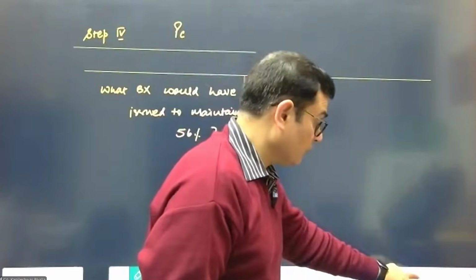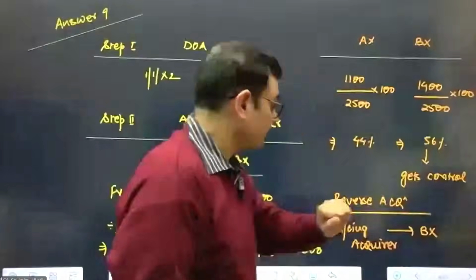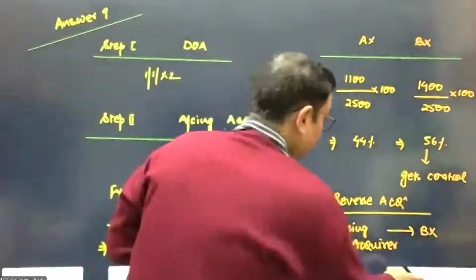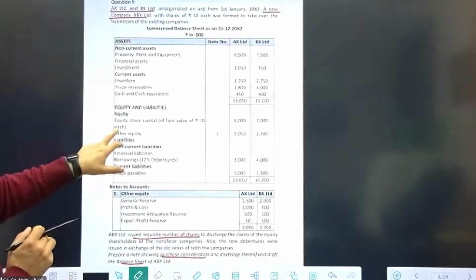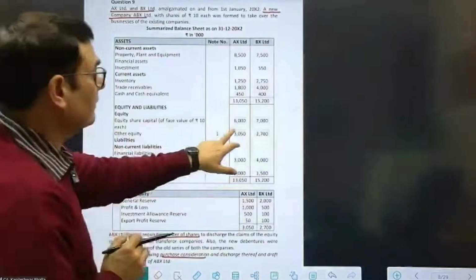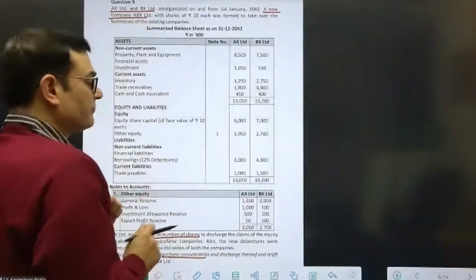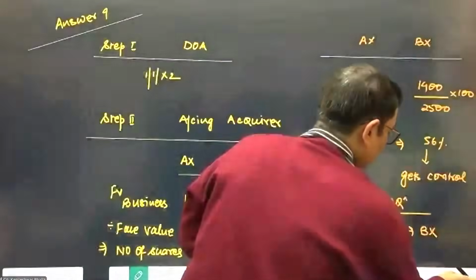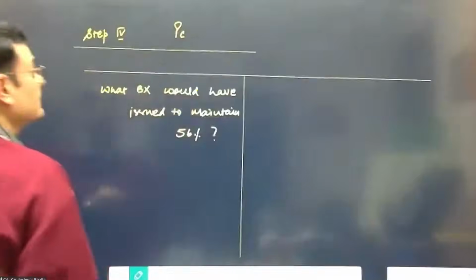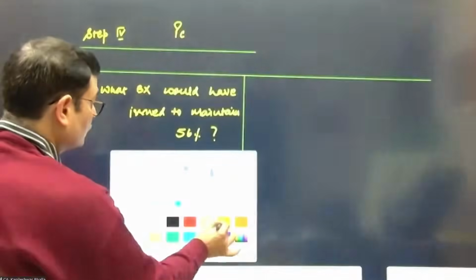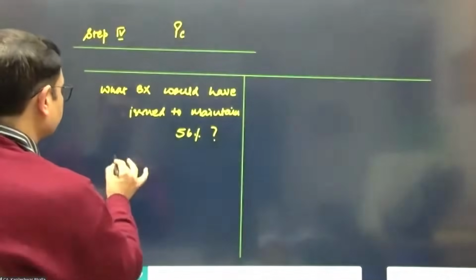For this, we need to go back to the balance sheet. Let's see the balance sheet of BX. Can you see BX has got equity share capital, that is 700. So let's come back to the calculations. We can say BX has got a total of 700 shares.